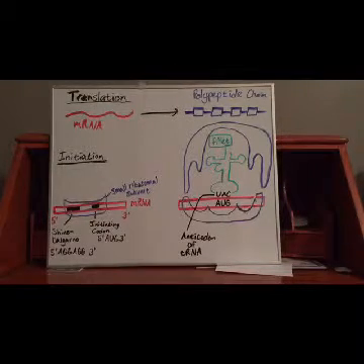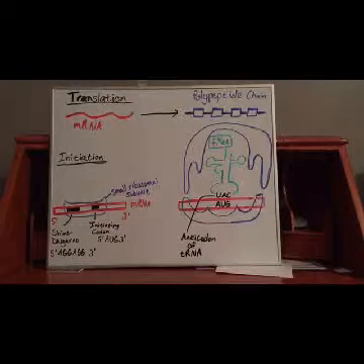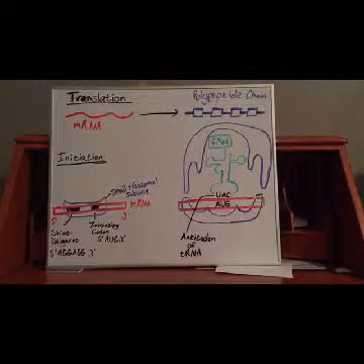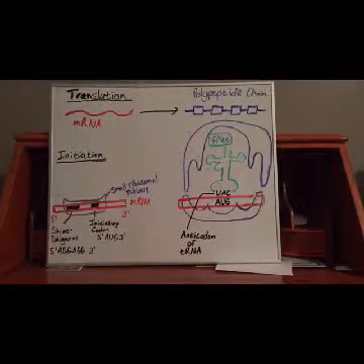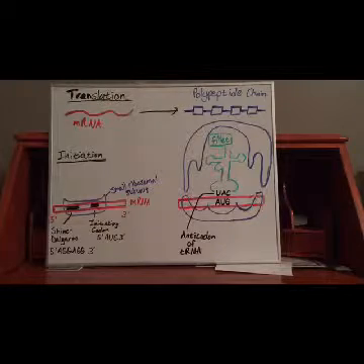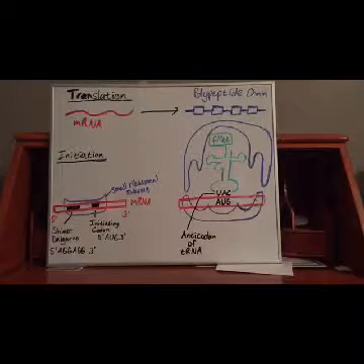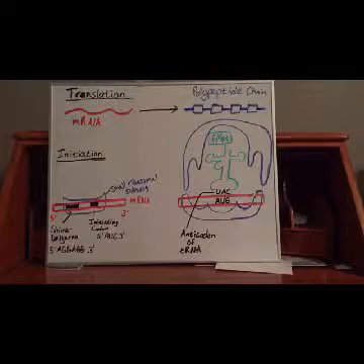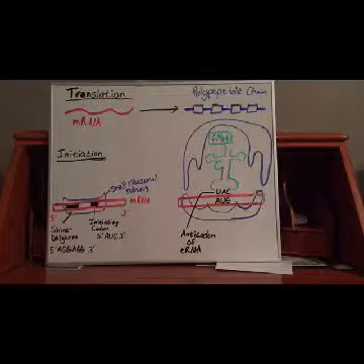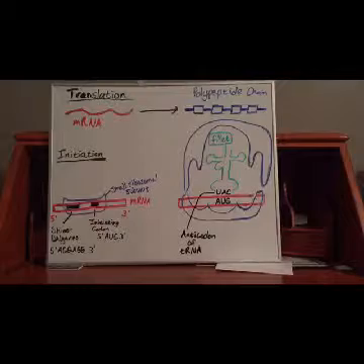mRNA contains three nucleotide sequences called codons that signal for a tRNA molecule carrying a specific amino acid. There are three sequential steps in the initiation phase of translation. First, the small ribosomal subunit recognizes and binds to a sequence known as the Shine-Dalgarno box and the initiating codon.